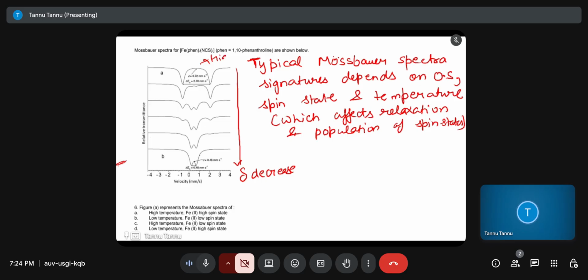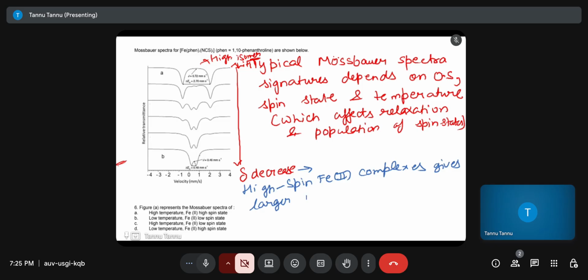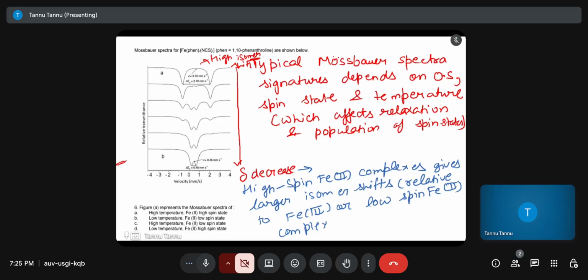This is high isomer shift, and we know high spin Fe2+ complexes give larger isomer shifts relative to Fe3+ or low spin Fe2+ complexes, because of greater s electron shielding difference and more electron density differences at the nucleus.